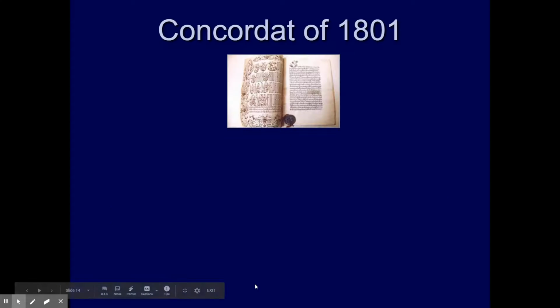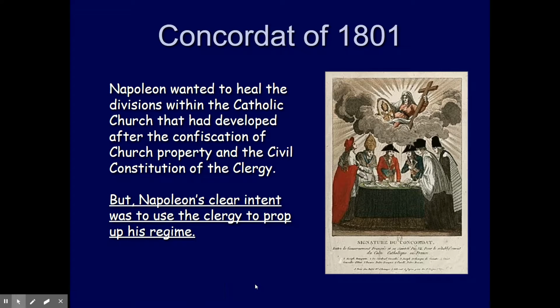To battle back the wrongs of the revolution, so the revolution had the Civil Constitution of the Clergy. That had actually turned many individuals off from the revolution. His way of trying to amend the wrongs and get some of the more conservative individuals of France to align with his rule.